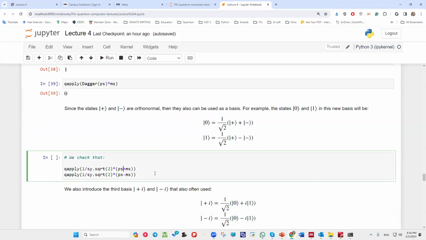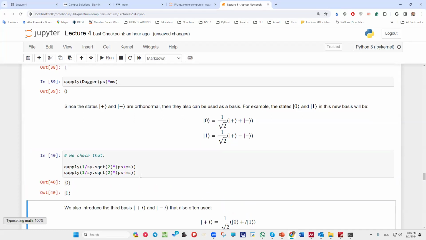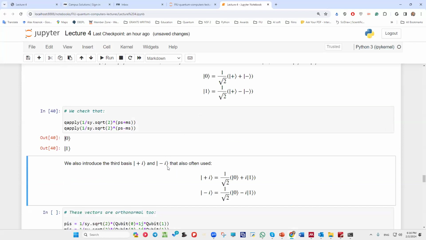Basically I write 1 over square root of 2 times plus state plus minus state, and the same for the minus state, right? And I compute this, and indeed I get state 0 and state 1. So these two formulas work, and we can use them to transit between the bases from 0, 1 to plus minus.